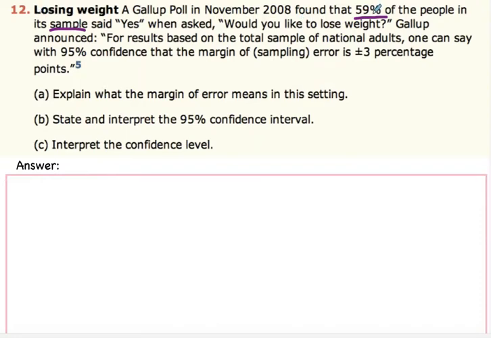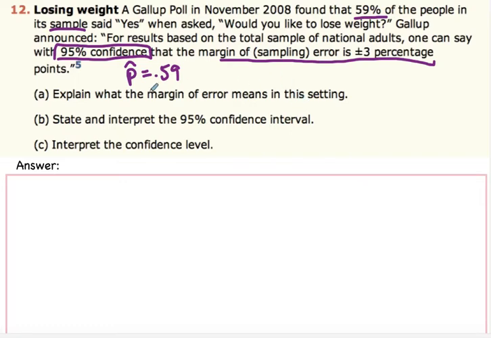That's a proportion that came from a sample, so is that p or p hat? Well, if it came from a sample, that's p hat. So p hat is 0.59. So 59% said yes, that they would like to lose weight. They're using a 95% confidence level, so keep that in mind. The margin of error is plus or minus 3%.